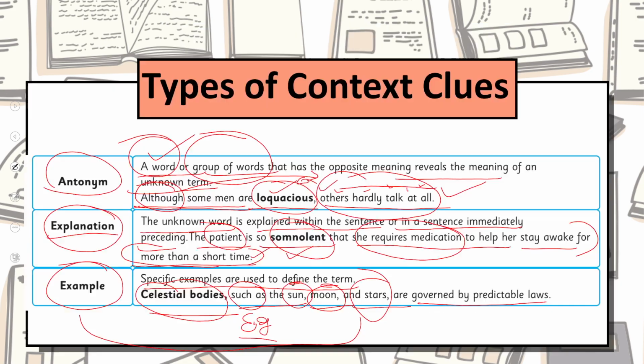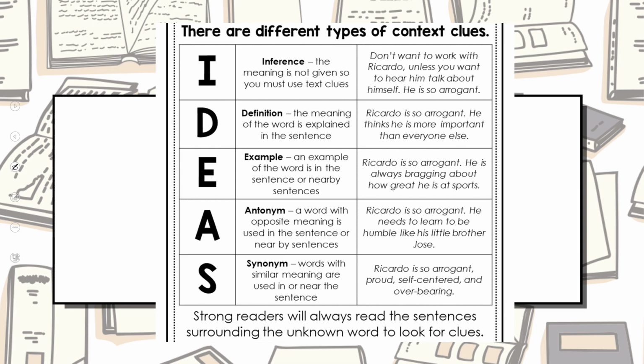Apart from all these, we also have another context clue, inference, which means that you have to read the whole thing and then infer and deduce the meaning of the word. So inference, definition, example, antonym, synonym, all these are your different types of context clues, and you can memorize them with the short form IDEAS.